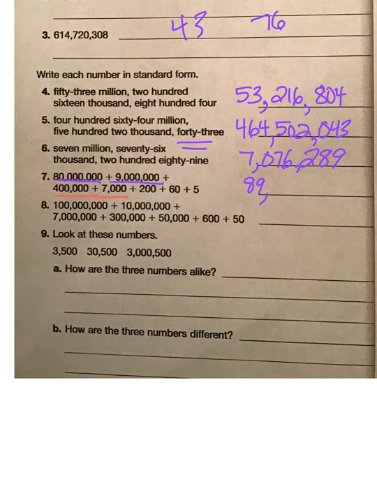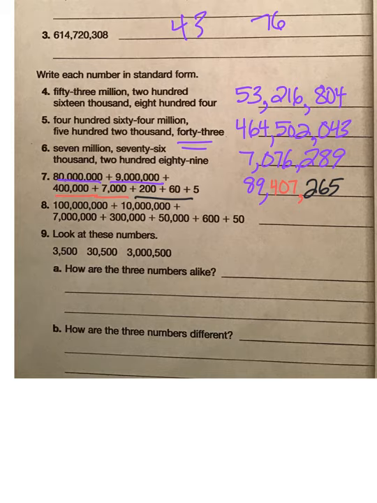So 400,000 plus 7,000 would be 407,000. Finally, the last part here, we have the numbers 260 plus 5. That would be just 265, making our answer 89,407,265.